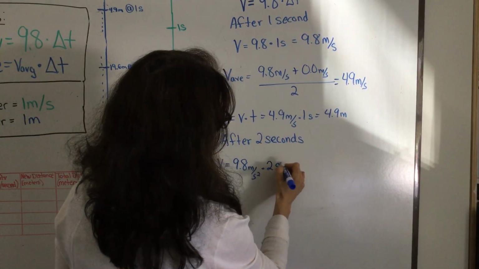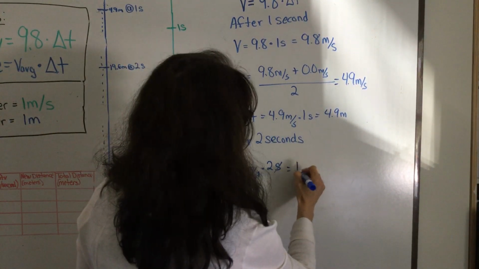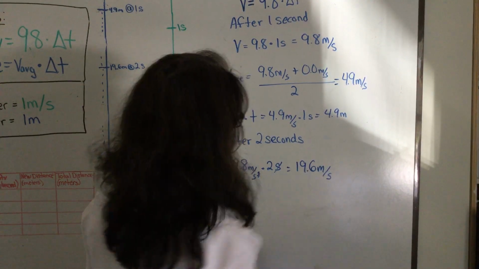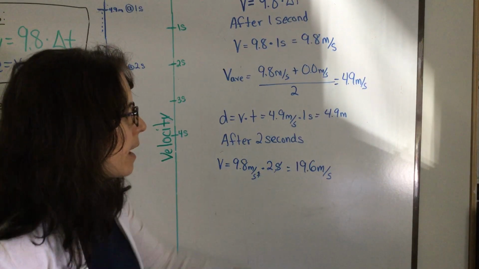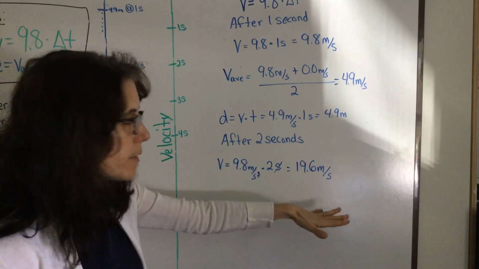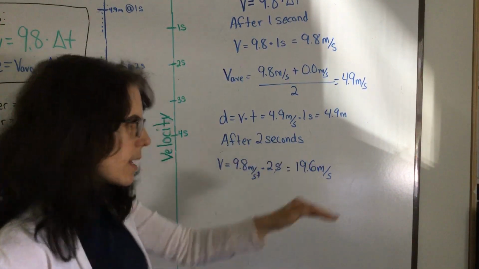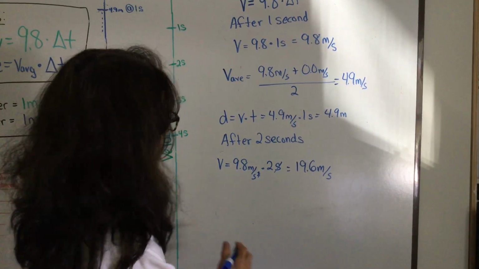Times 2 seconds, seconds cancels out. We have 19.6 meters per second. So at the end of 2 seconds, this will be its final or total velocity. It's going to keep gaining speed, but we're just focusing on stopping it at 2 seconds. It would be 19.6 meters per second.